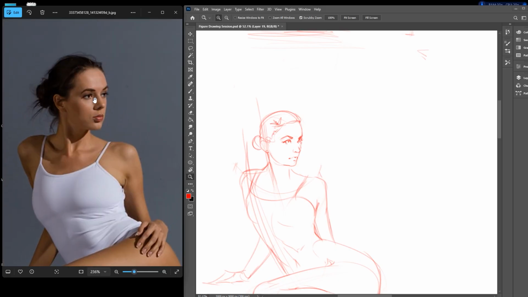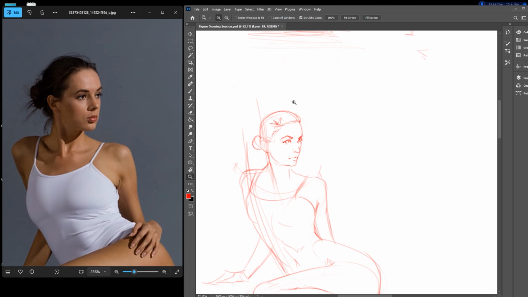So let's look at the body, let's look at the face. And do not forget that although we are not in the real world, we still have to be mindful of some details that will help us find the lines that we need to put down. Okay, this is the head.